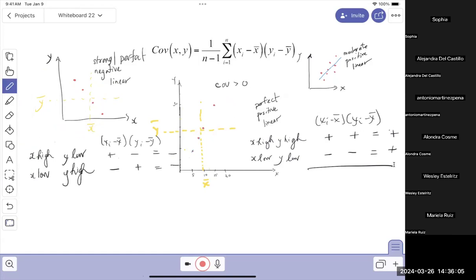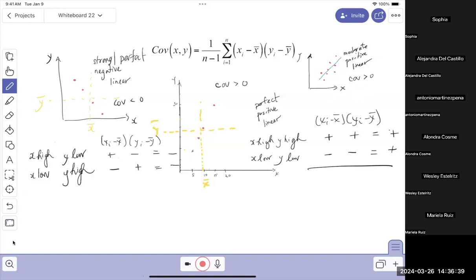So the covariance will be negative here. It will be positive there. And now let's look at this one. That's a moderate relationship. What will the covariance be here? In this one, Denzel, that's scattered around. Is the covariance positive? Is the direction positive? Yes, the covariance will be positive.